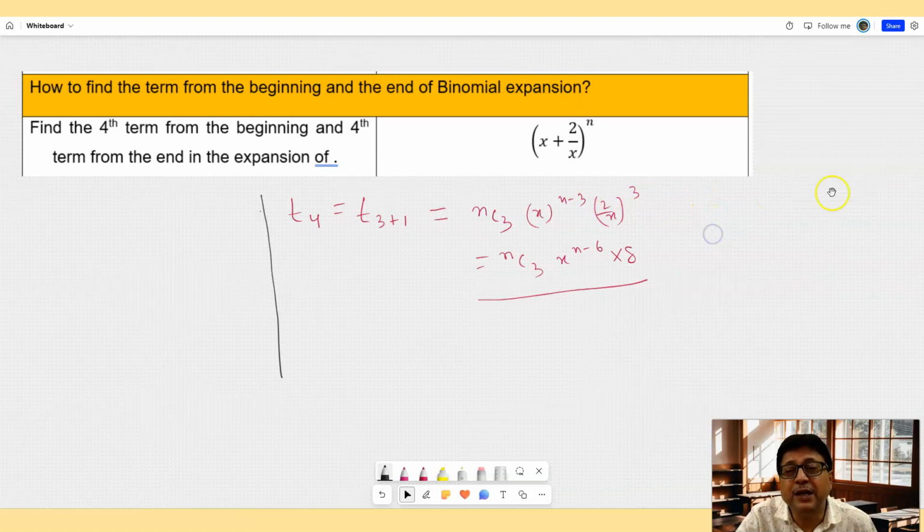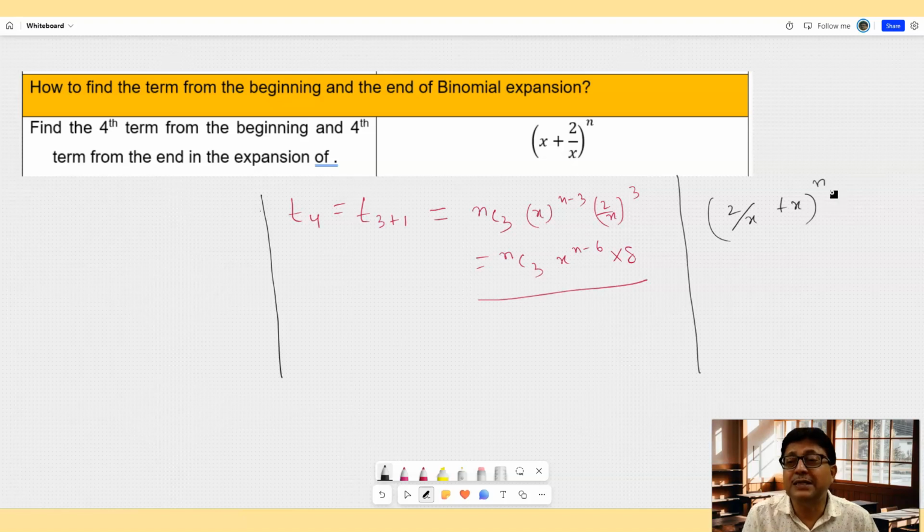So it is better to start this manner. You take 2 by x as the first, x as the second. So when you are saying it is the second term, the fourth term from the end means the fourth term from the beginning of this expansion. We have just exchanged their places.